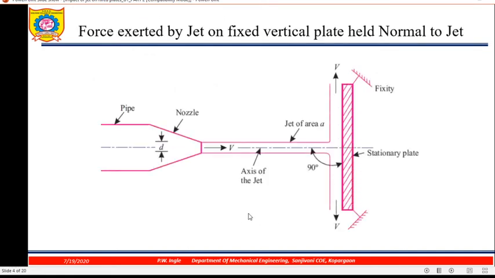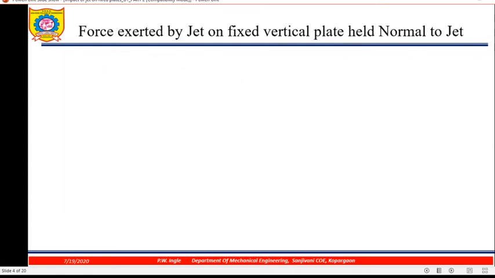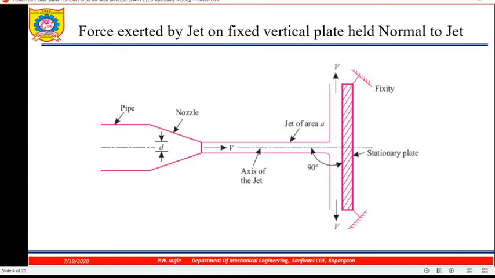Okay. Now this impulse momentum principle will apply for various cases. Number one, force exerted by the jet on the fixed vertical plate held normal to the jet. Okay. Now here you see, this is a flat plate which is kept normal, or perpendicular, to the jet.